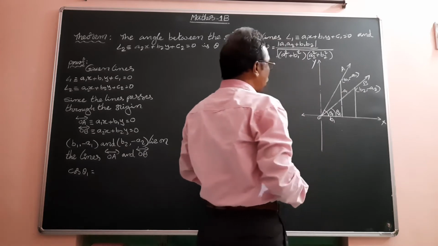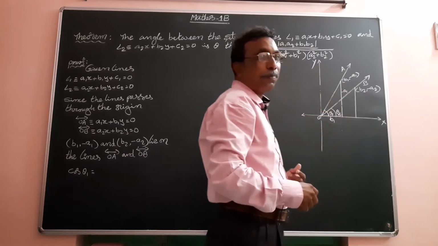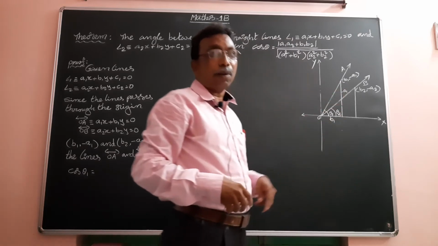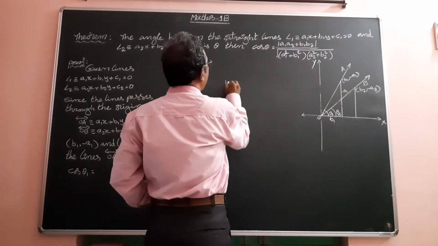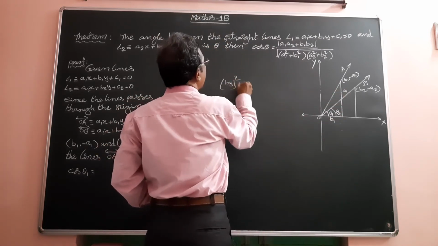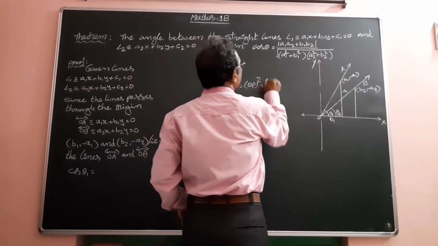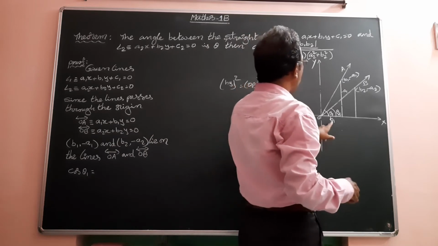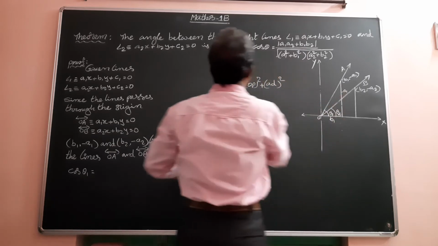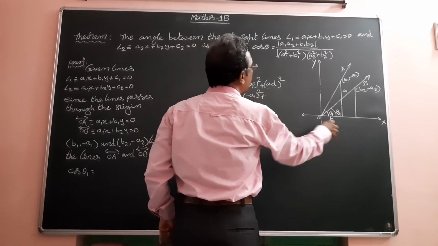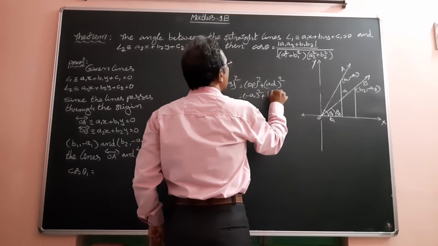So observe this one. What is the hypotenuse? By using Pythagoras theorem, hypotenuse whole square equal to opposite square plus adjacent square. Opposite minus a1 whole square, adjacent b1 whole square.